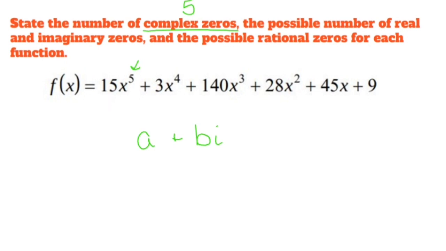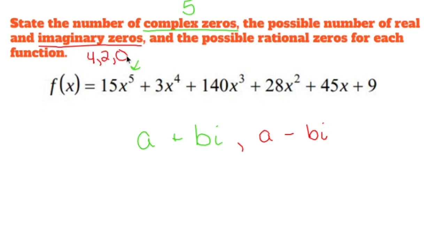Part 2 says, let's actually jump to imaginary zeros before we do real. If I were to have an imaginary number, like a plus bi, I have to have its conjugate also floating around as my answer. So imaginary zeros, if you're going to have one, you must have the other. So I could have no imaginary zeros, I could have 2 imaginary zeros, I could have 4 imaginary zeros.